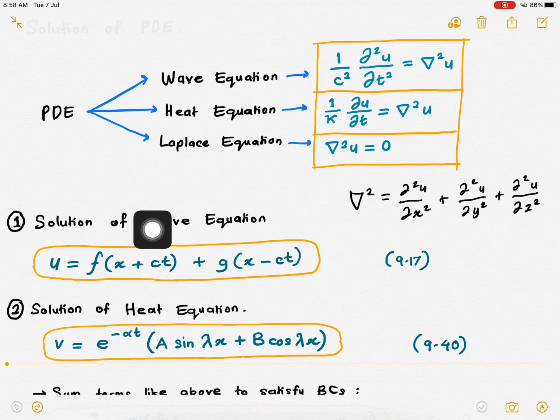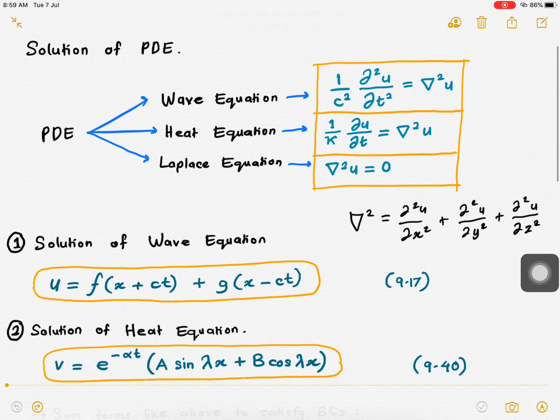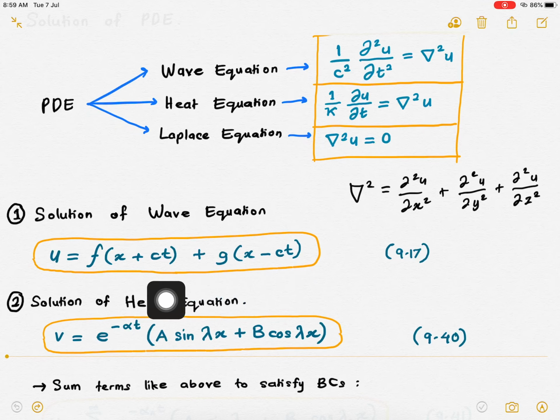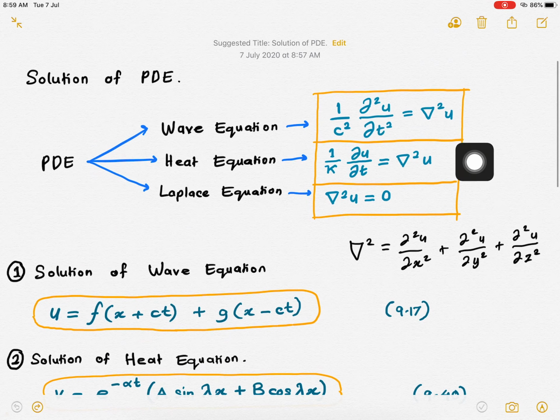You can use this formula to solve the wave equation in an example or in a question. If you compare this formula with this equation, you can see that there is a C component right here. So this C is related to this C.